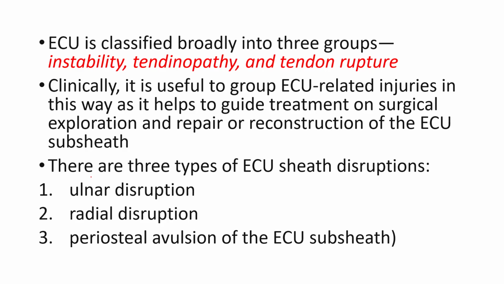There are 3 types of extensor carpi ulnaris sheath disruptions. You can have an ulnar disruption, a radial disruption, and you can have a disruption with the periosteal avulsion of the extensor carpi ulnaris subsheath.